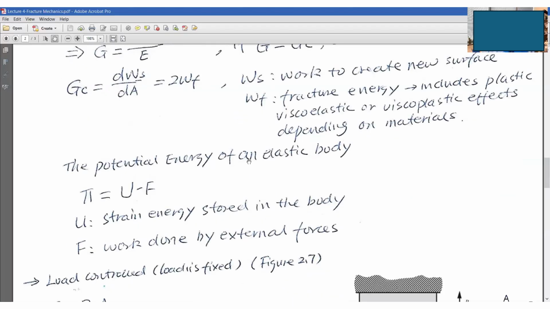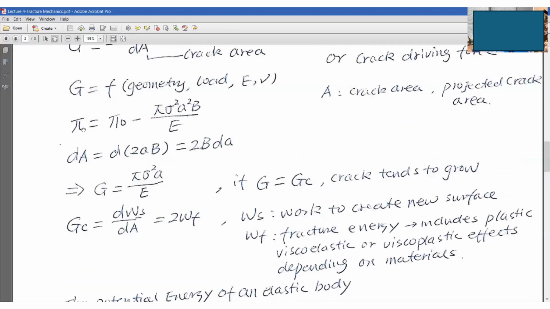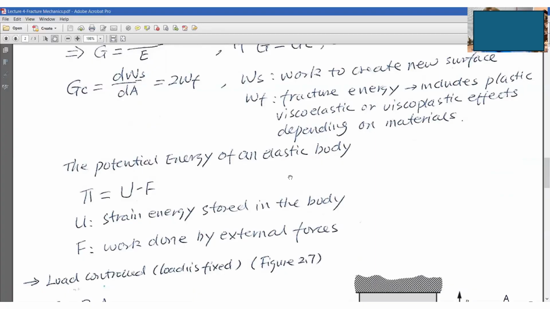The potential energy of an elastic body can be written using this equation: potential energy equals U minus F. U denotes the strain energy stored in the body, and F is the work done by the external forces.